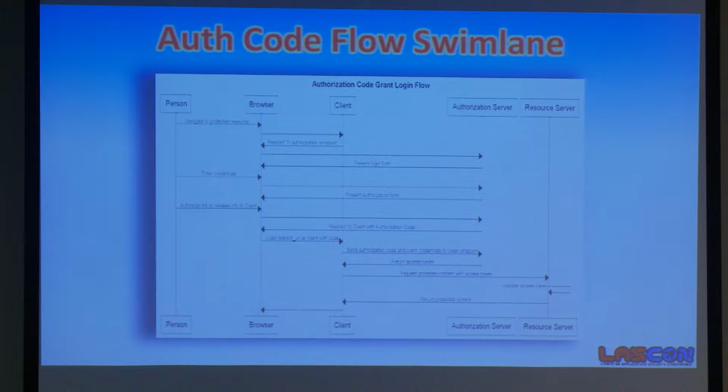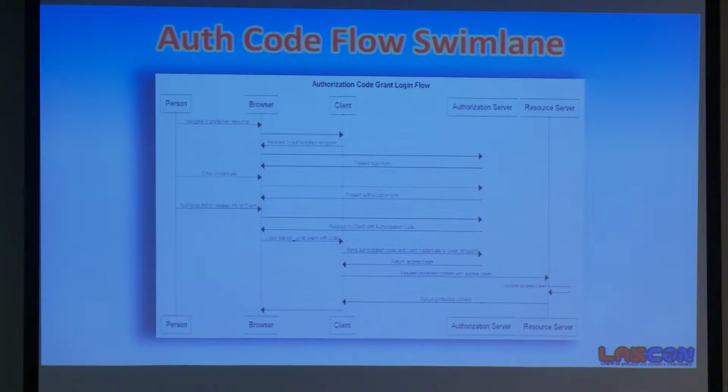And at that point, a code, which should also be some type of unguessable string, is going to flow back to the client. And the client is going to take that code and present it to the authorization server with its client credentials and say, I have a code, here are my client credentials, I would like tokens. And the authorization server will respond with an access token and potentially also with a refresh token.